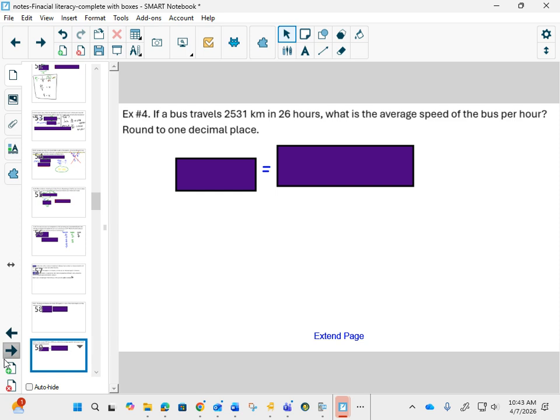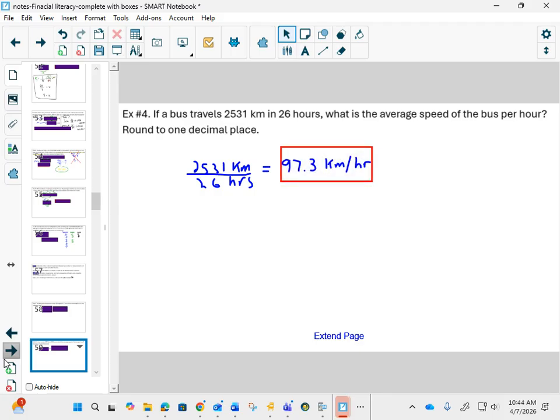If a bus travels 2,531 kilometers in 26 hours, if we find out how many kilometers per hour it's going, that would be its average speed. So we take 2,531 divided by 26, we get 97.3 kilometers per hour.